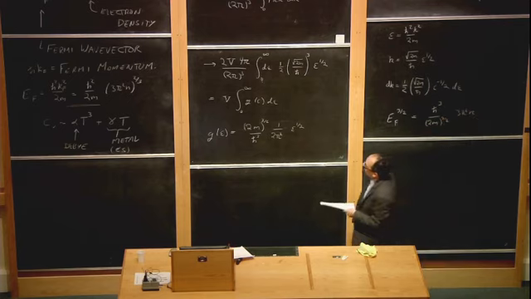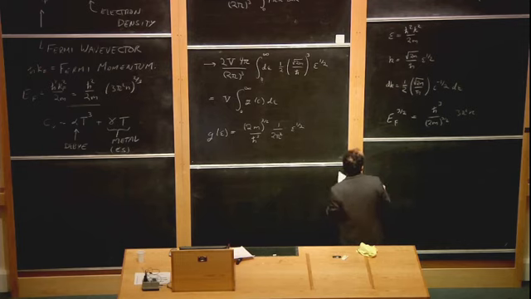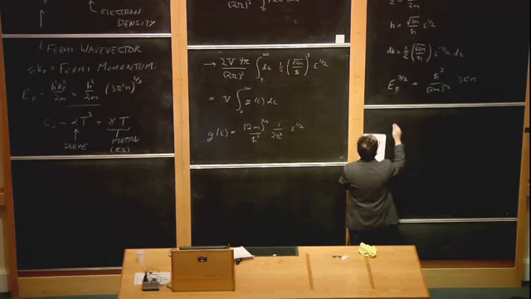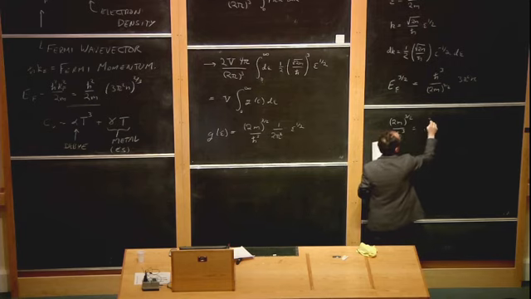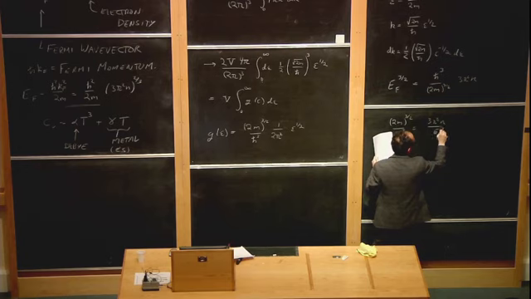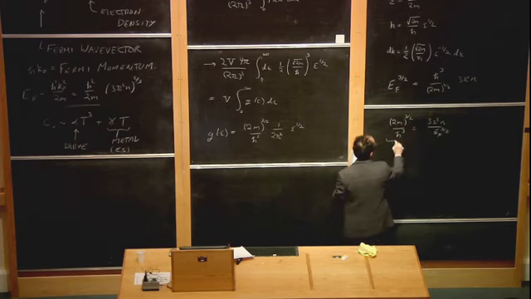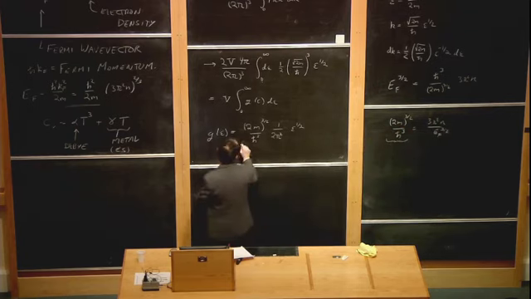Did I do that right? I think I did that right. OK. And then you'll notice that I can turn this around, or make it upside down. (2m) to the 3/2 over h bar cubed is then 3 pi squared n over E_F to the 3/2. And this factor here is this factor here.